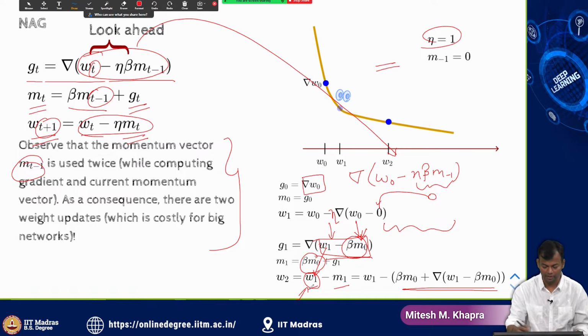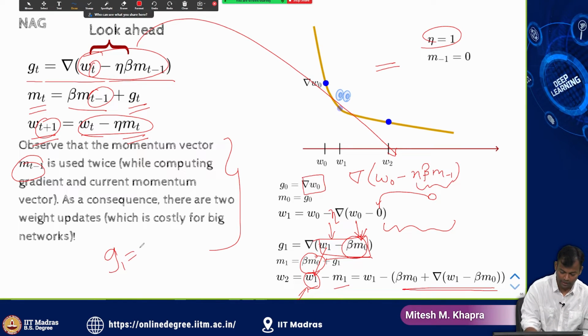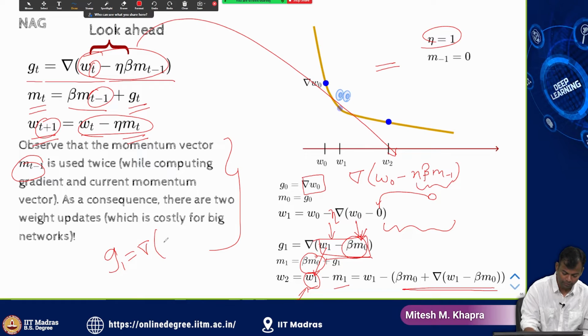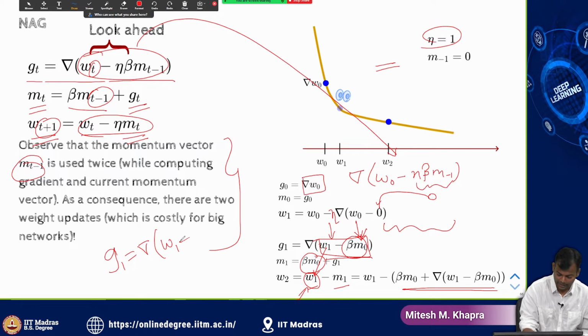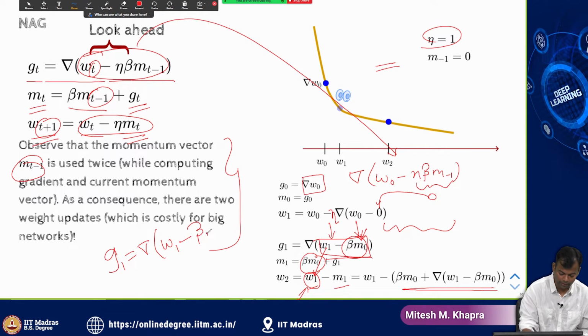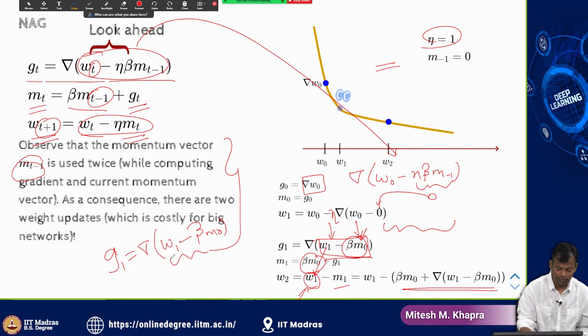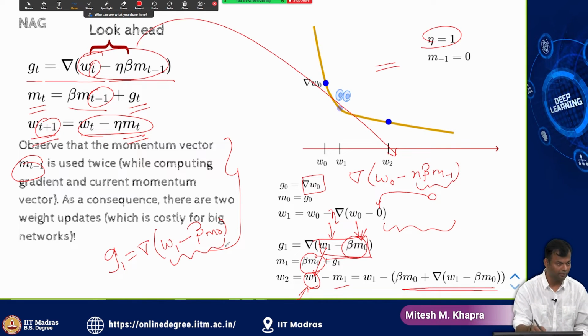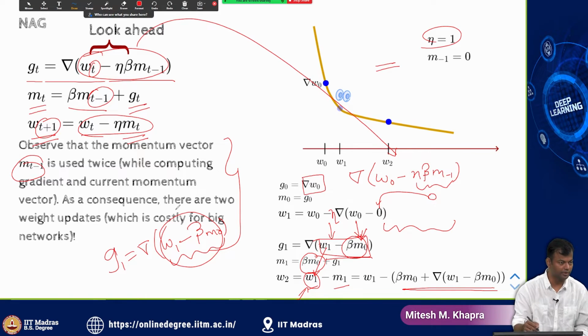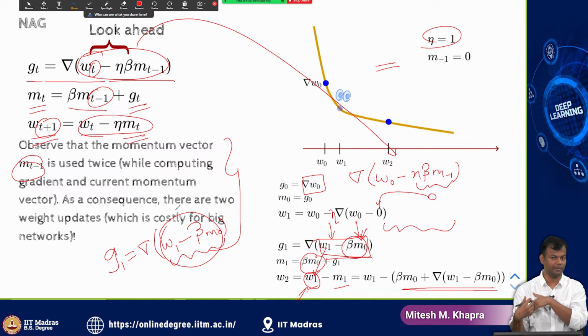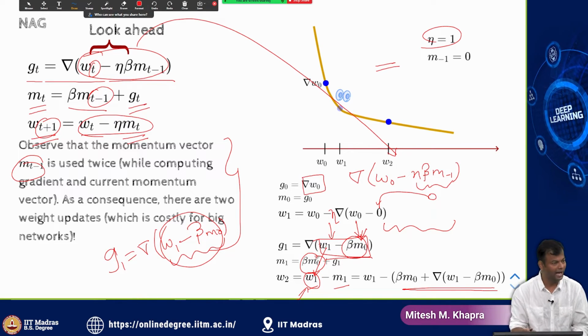So now what is happening here is that you look at G1 and it's getting some input, which was W1, and then it is subtracting some quantity from it. Instead, if I already had passed it a value which was already equal to this, right? Because I already had this at the previous time step. At the previous time step, I already had M0.